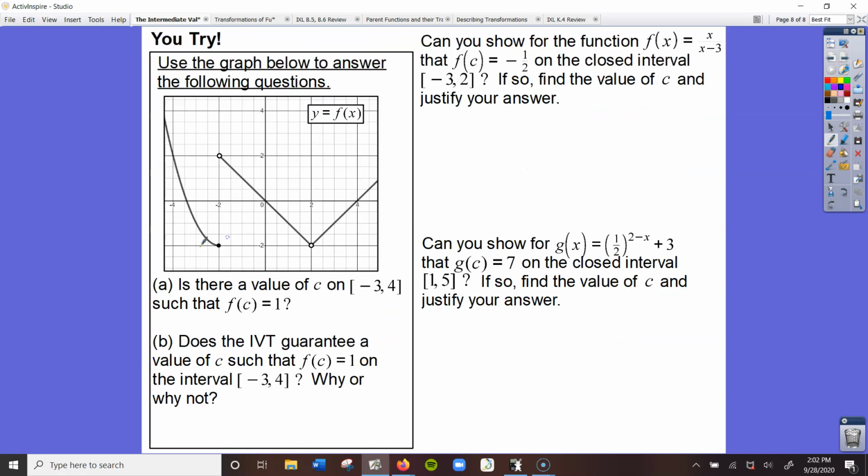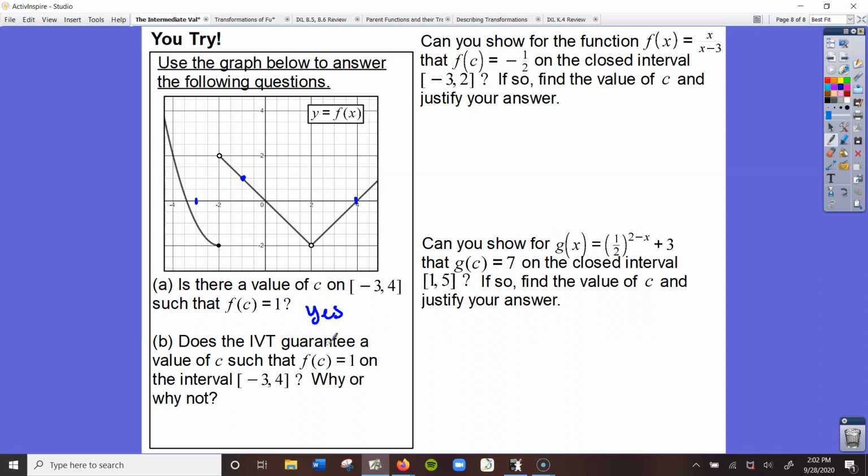All right, so for this first one, we're going to use this graph to answer the following questions. Is there a value of c on the interval -3 to 4 such that f of c is equal to 1? Here is -3, here is 4, and f of c is equal to 1 right here. So yes, it does.